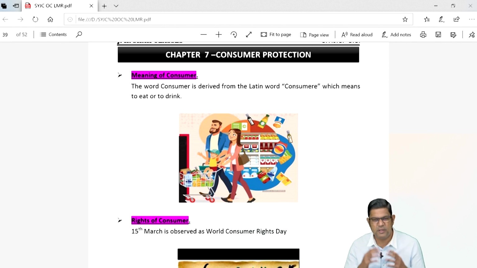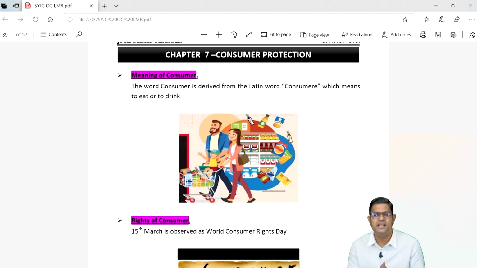So, consumer protection is basically a consumer movement of the consumers, which is helped by the government to fulfill the rights and duties of the consumer in relation to the seller. It means this is a movement of consumers to enforce their rights in relation to the seller, and it has the government's support. That is called the consumer movement.